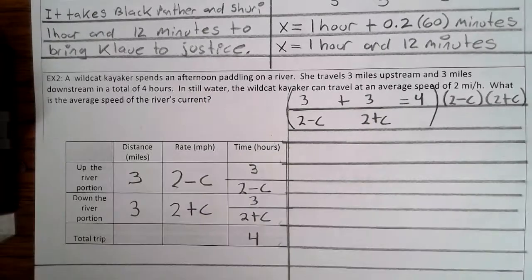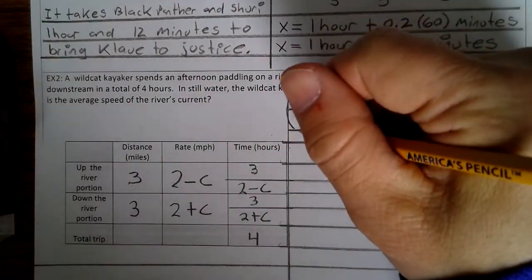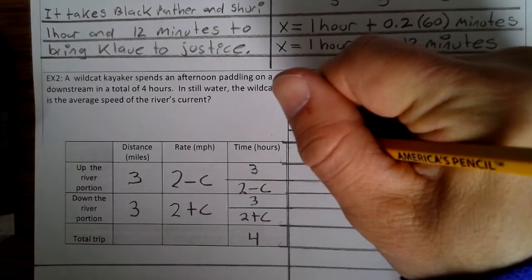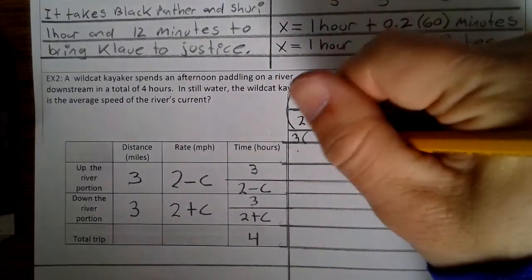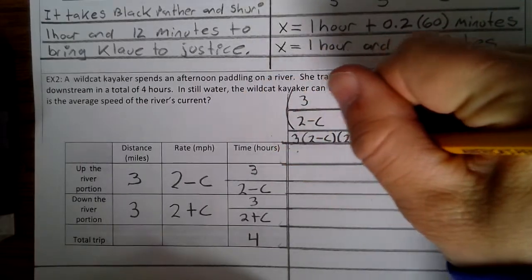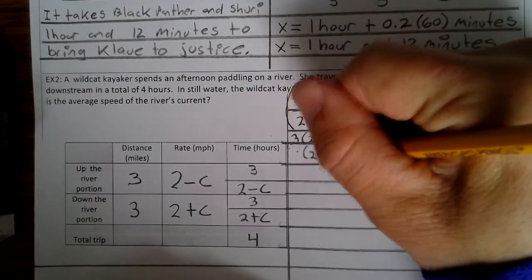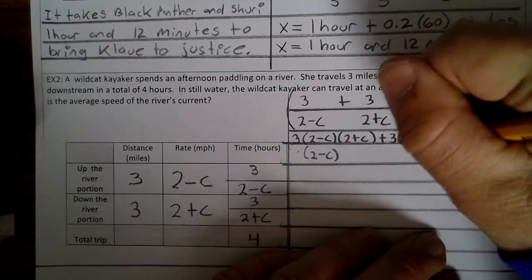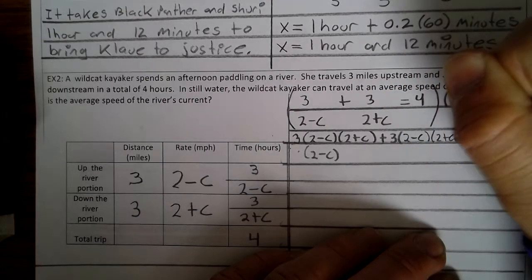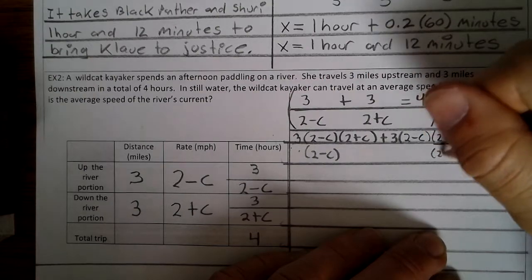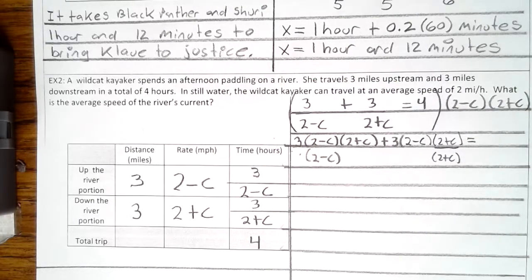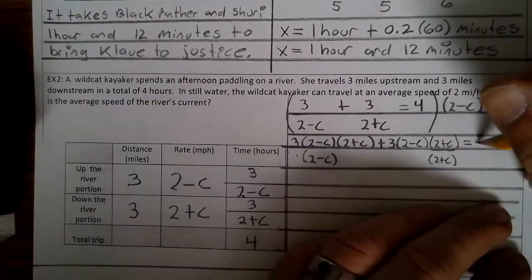So then that's 3 times 2 minus c times 2 plus c divided by 2 minus c, plus 3 times 2 minus c times 2 plus c divided by 2 plus c, equals 4 times 2 minus c times 2 plus c.